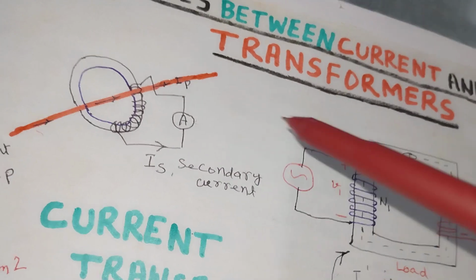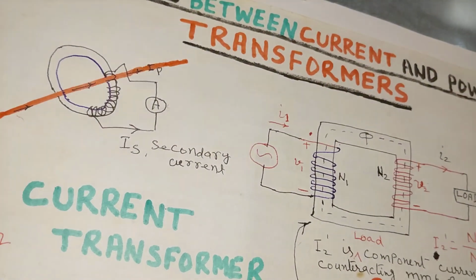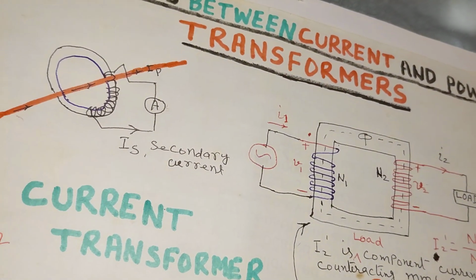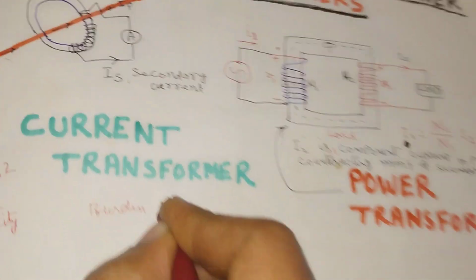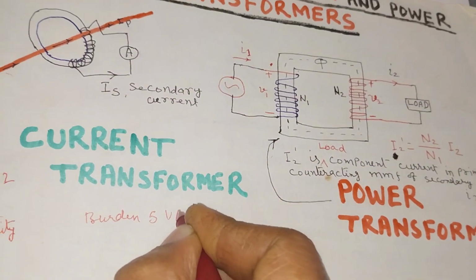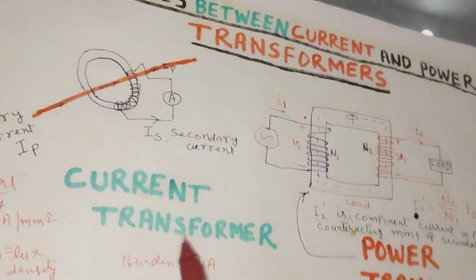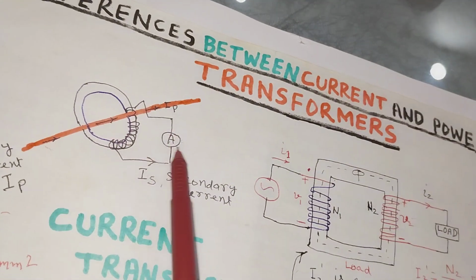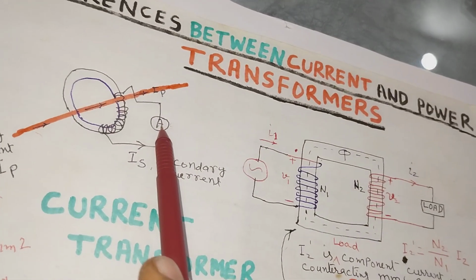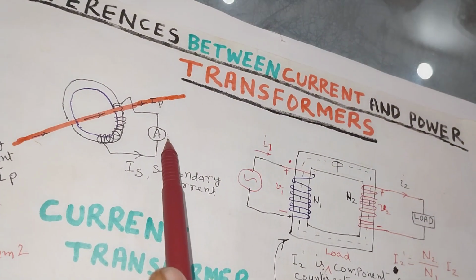Now, you might have seen burden 5 VA. So what is burden? Suppose this is a CT. How many ammeters or energy meters can be connected with it?